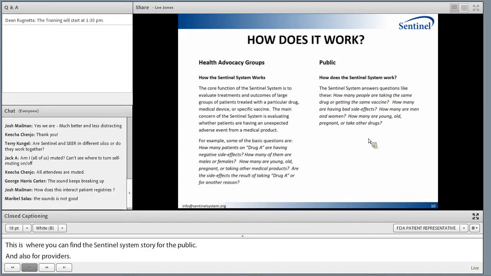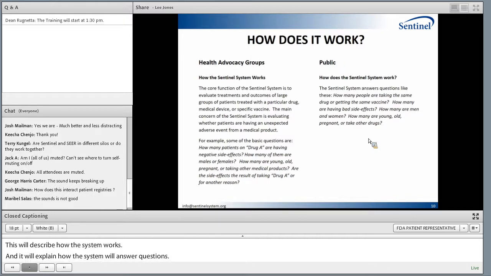Now, we have focused on the key aspects featured in the health, patient advocacy, and public stories here, and we have aligned them. This particular segment describes how the Sentinel system works and explains how the Sentinel system answers basic questions involving large groups and patterns among patients. How many people are taking the same drug or getting the same vaccine?